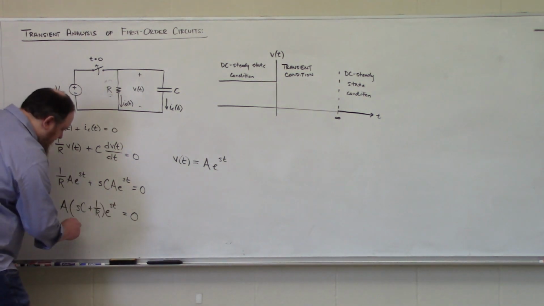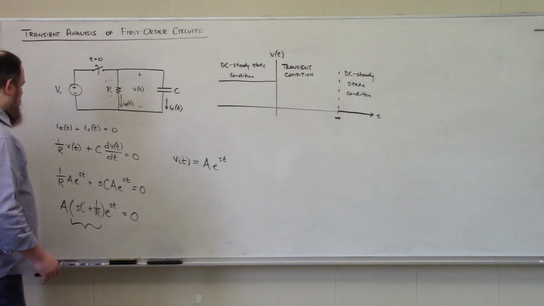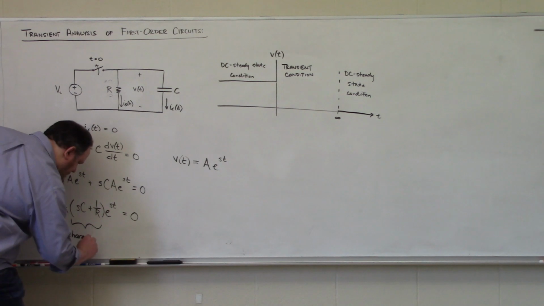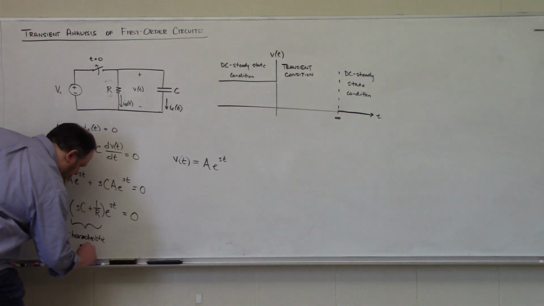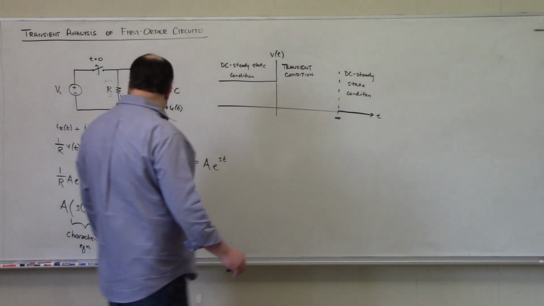So we have a characteristic equation here, sC plus 1 over R, that we need to be able to set to 0.